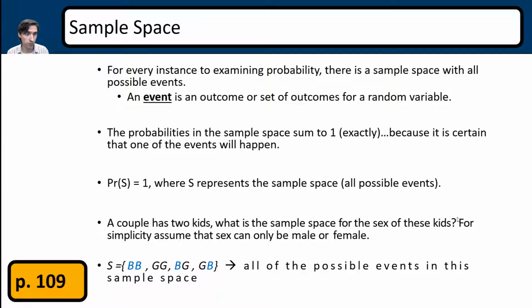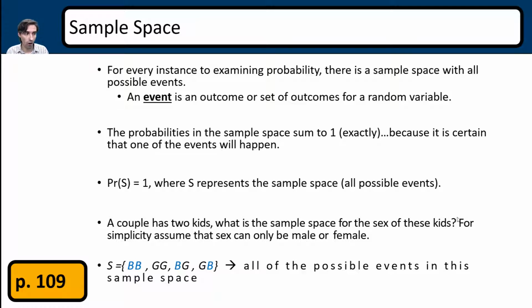Well, it's possible for both kids to have brown eyes. It's also possible for both children to have green eyes. But it's also possible to have the first with brown and the second with green, or the first child having green eyes and the second child having brown eyes.